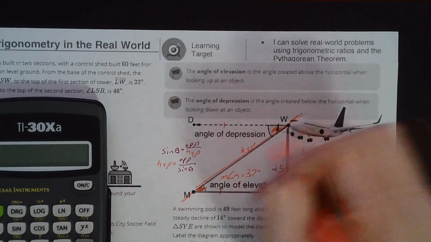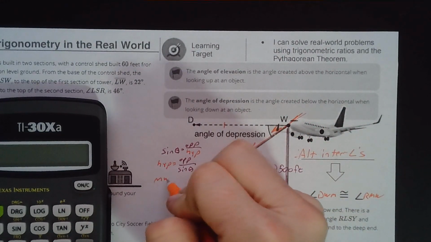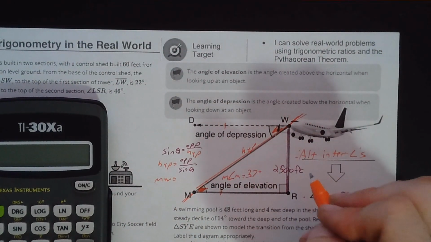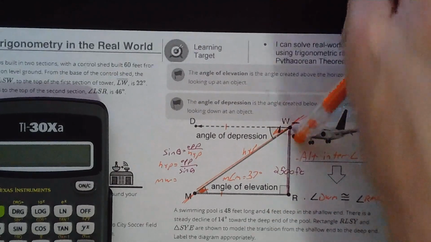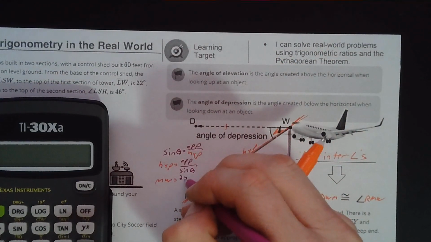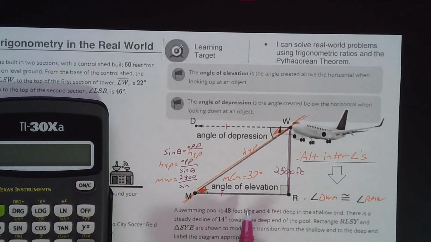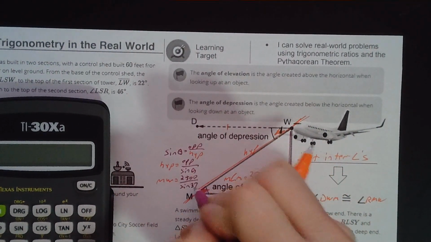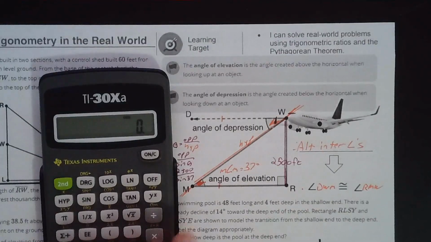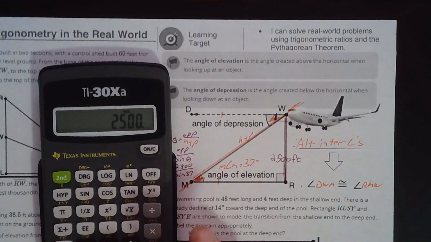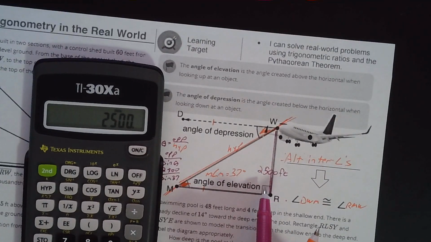Now this is going to be MW, technically. MW equals 2500 divided by the sine of 37. Okay, so we're going to go 2500 divided by, now should that be longer or shorter than 2500?